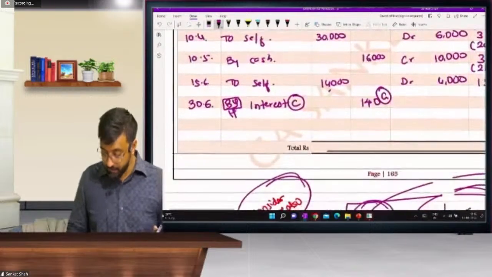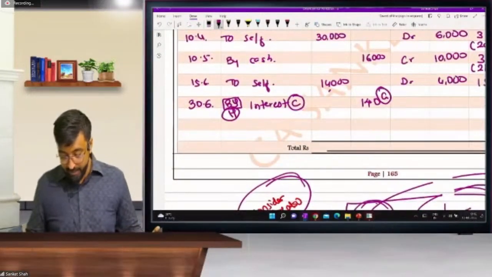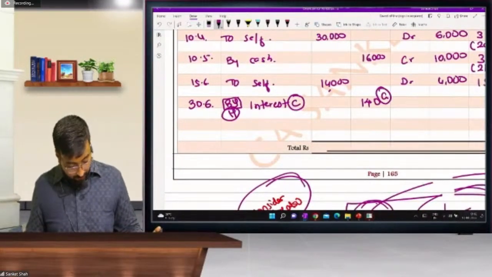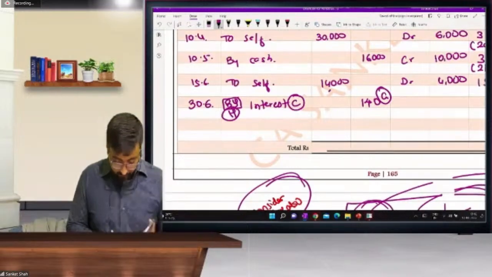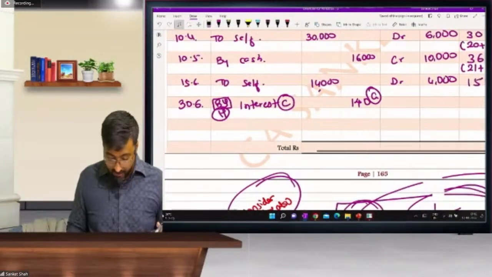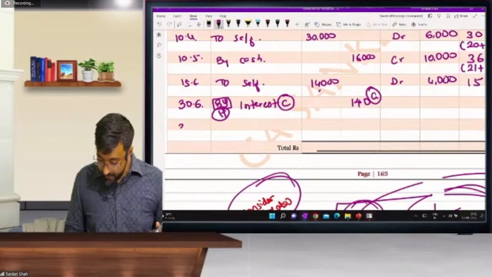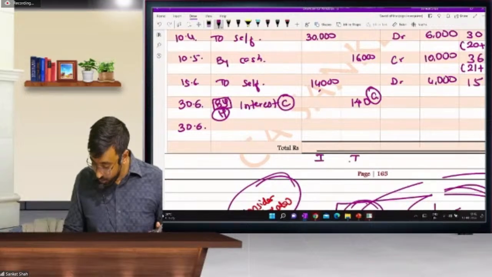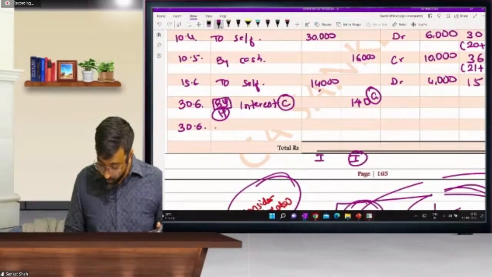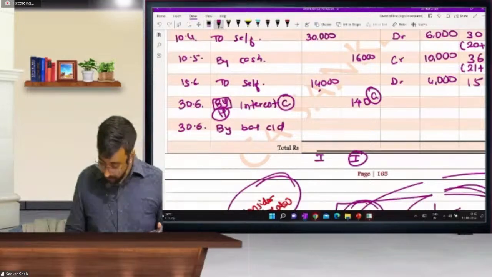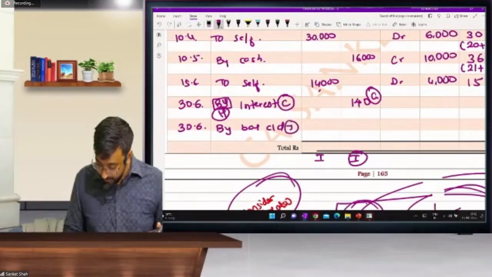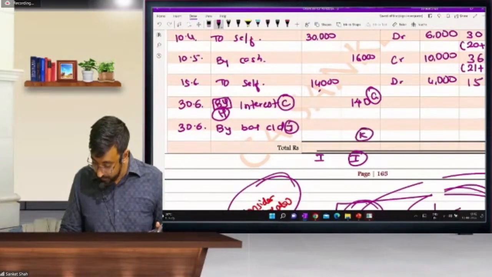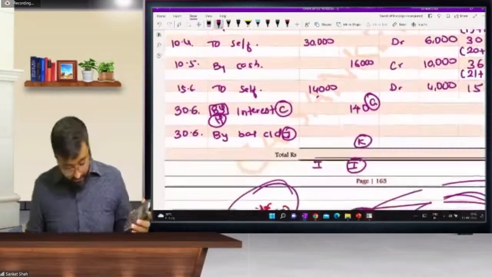On H I will write by. 140 is G, H is that, and then I will take a total which is more, by balance carried down on J, and K is the final amount, balance carried down.